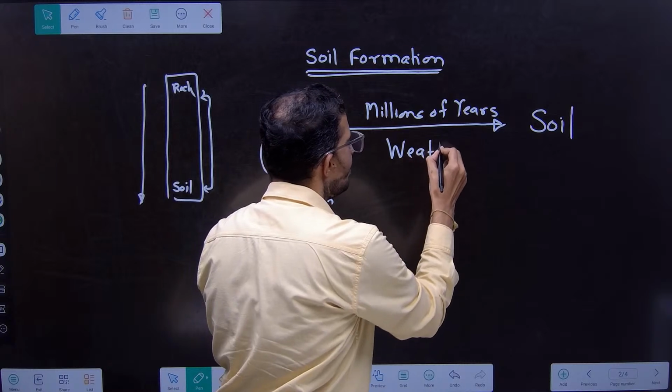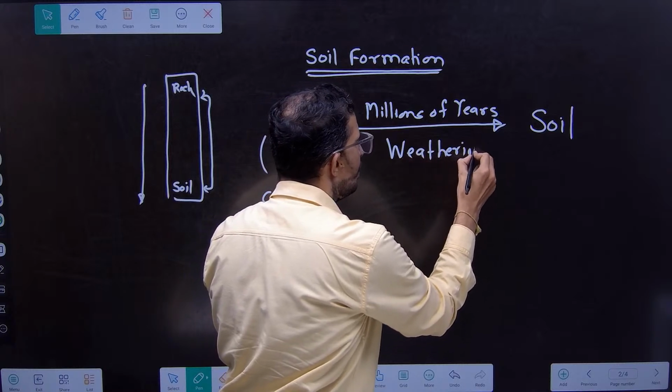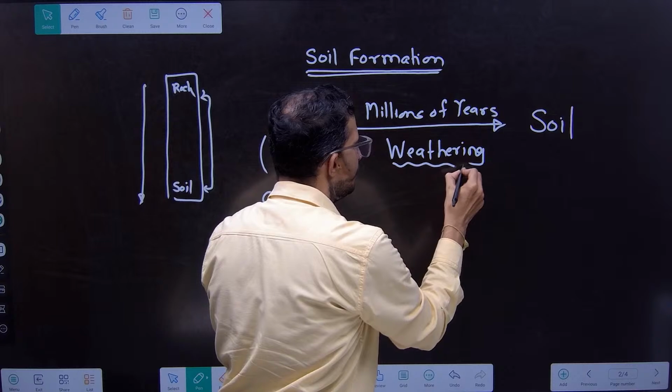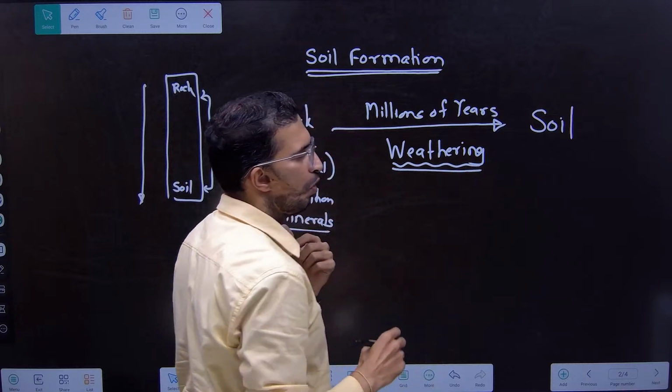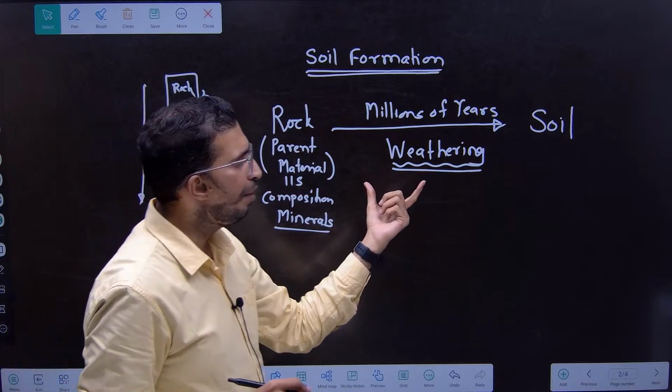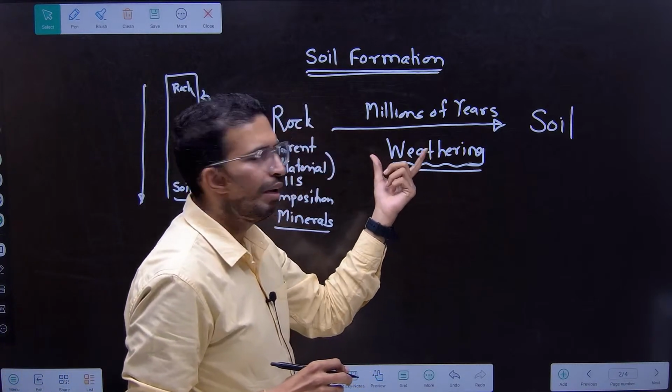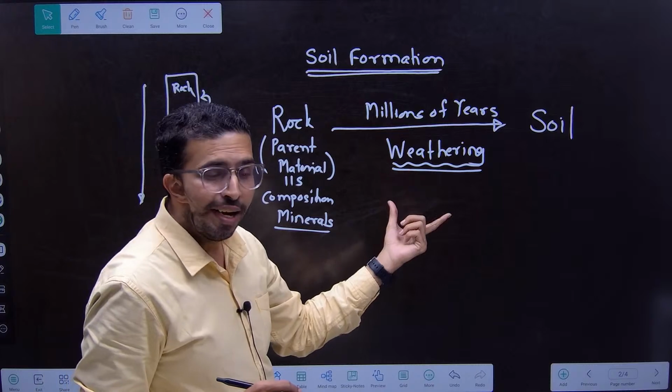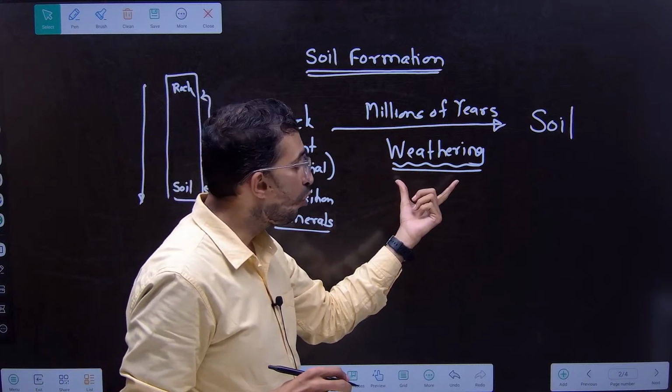Weathering means, what do you mean by the weathering? ज्याला आपण अपक्षय म्हणतो. Weathering is because of the temperature, rain, wind, then humidity.